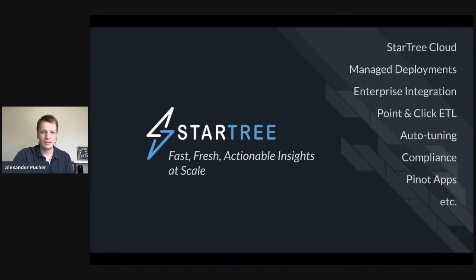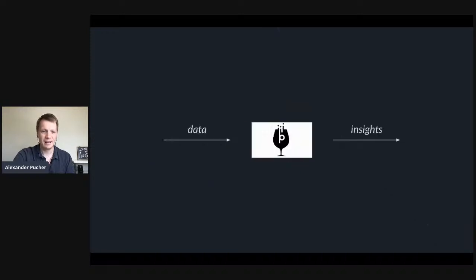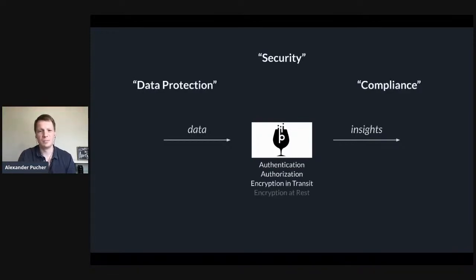So if we take a step back again and say, well, we have Pinot with data coming in and insights coming out, there's usually a couple of buzzwords or terms that come up. On the high level, it's about data protection, compliance, and security in general. We'll mostly focus on the technical aspects of this.